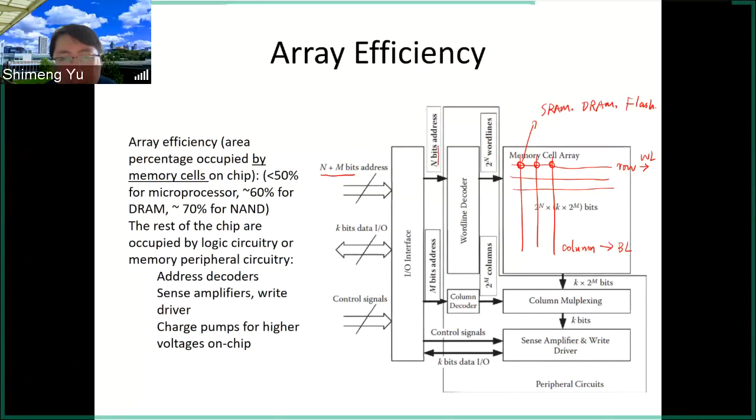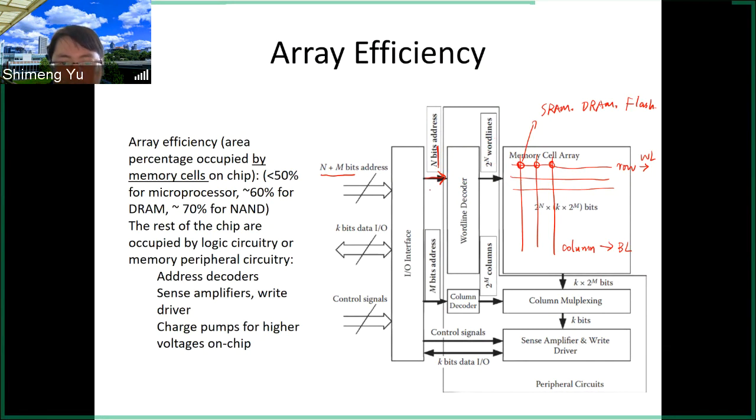Then we need to go through this module called the word line decoder to decode the n bits input, that is address, to the actual number of rows. How many rows, how many word lines here? If it's n bits input, then the output will be 2 to the power n.